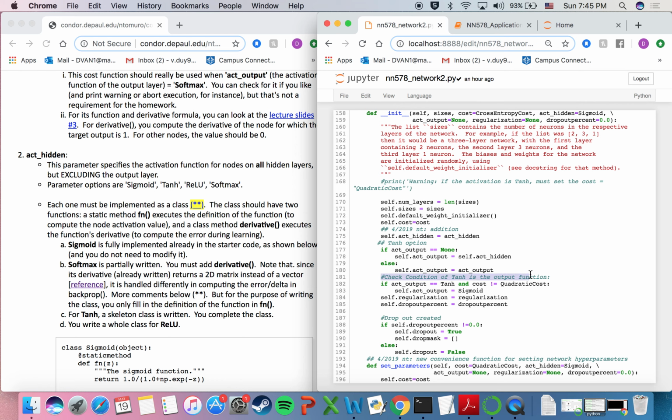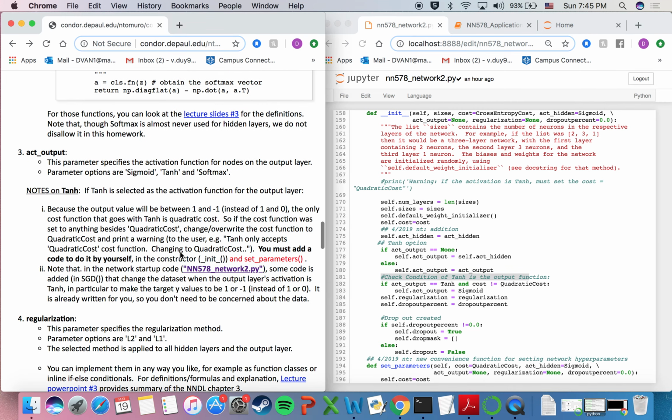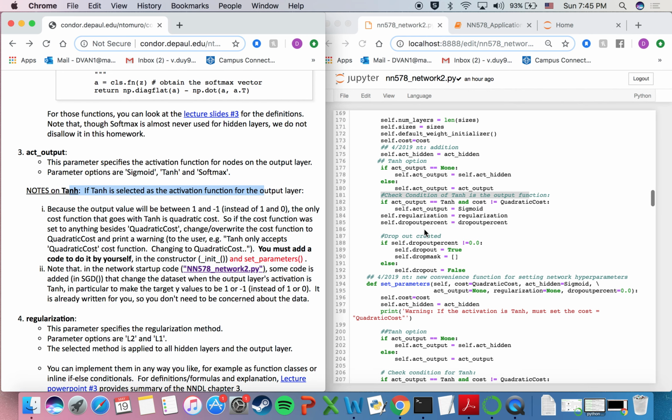I checked that if the output is tanh, then the cost function must be quadratic cost, which is one of the notes the professor has. So I make the condition: if the activation output is tanh and the cost is not quadratic cost, then the activation output is going to go back to sigmoid again.